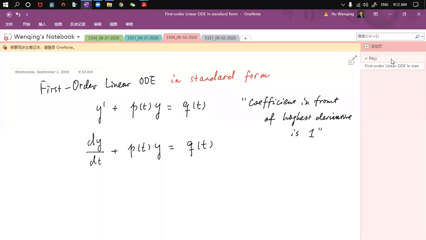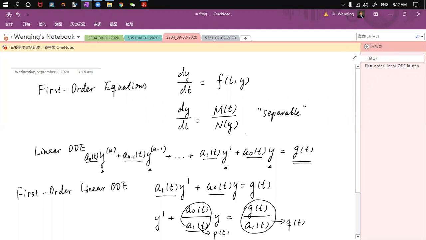We've seen that this kind of equation in general is nonlinear. If it is nonlinear, then the only possibility is to use integration, the separation of variables.